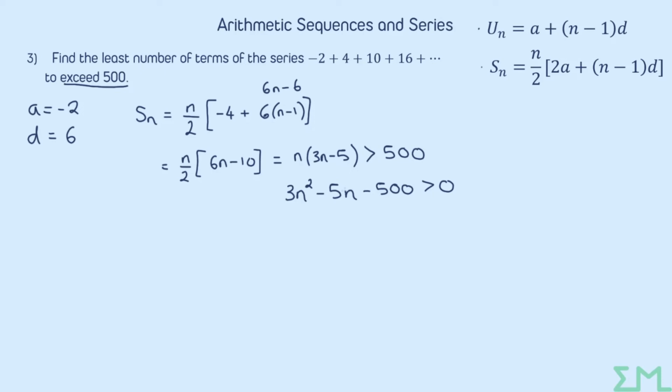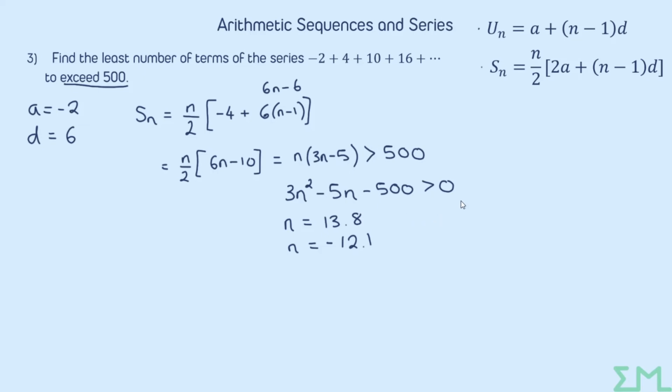Unfortunately we cannot factorize this quadratic, but if we put it into our calculators, then we discover that if this was equal to 0, we have two possible roots, 13.8, that's rounded there, or -12.1.